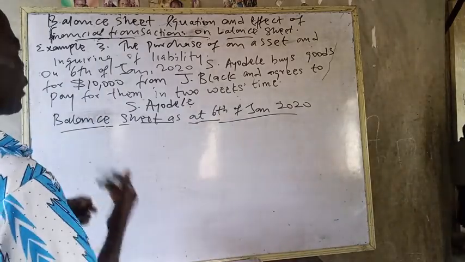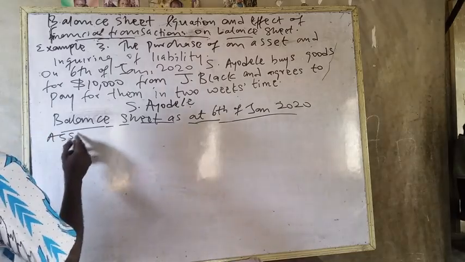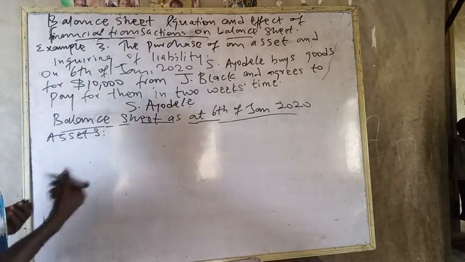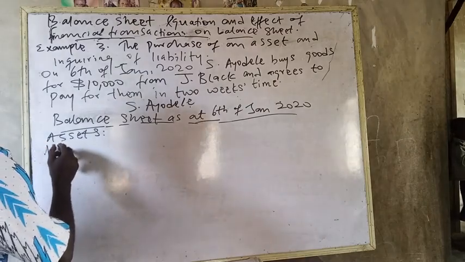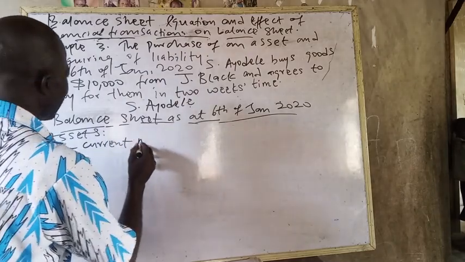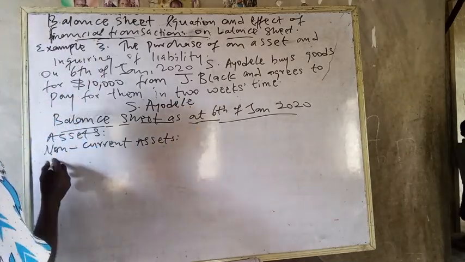Then, like I said, you have to start from what? From assets. And under assets, you already have non-current assets. And what do you have under non-current assets? You have a delivery van.